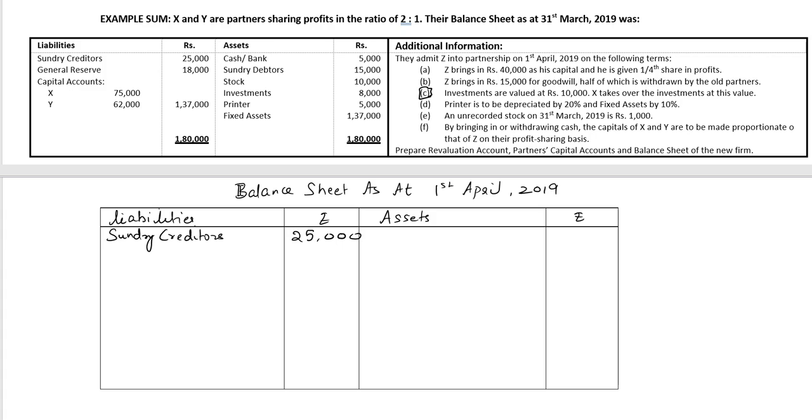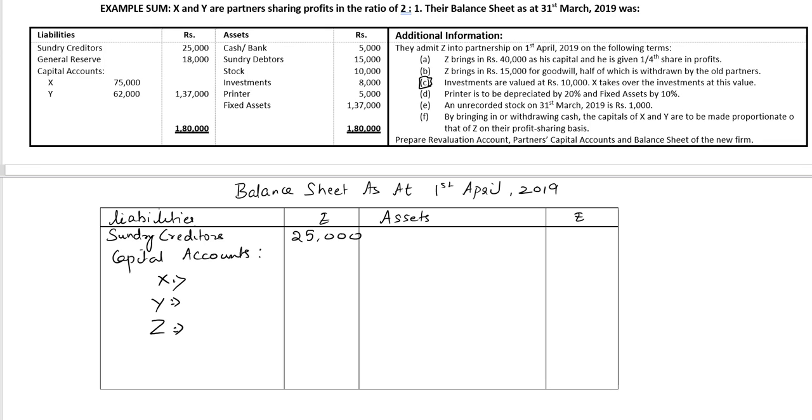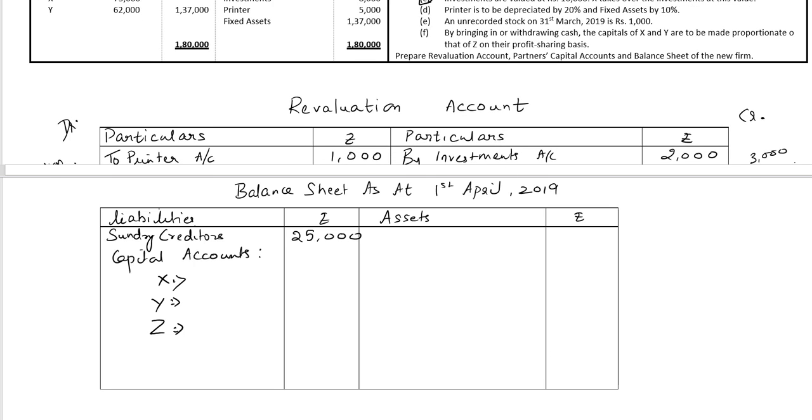The general reserve has been distributed. It will not appear in the reconstituted balance sheet again. We'll insert the capital accounts of the partners. We have X, Y and Z. The balance carried down of the partners' capital accounts.